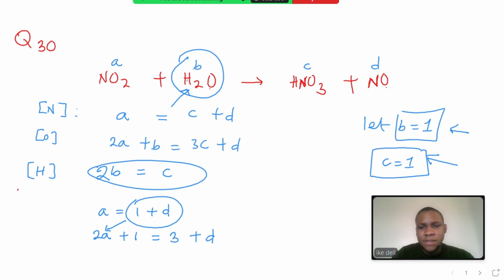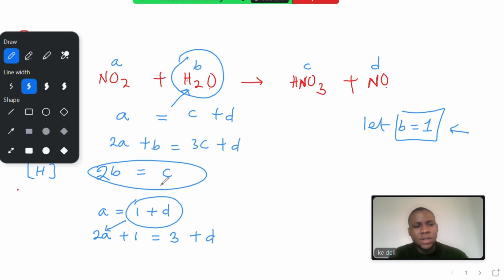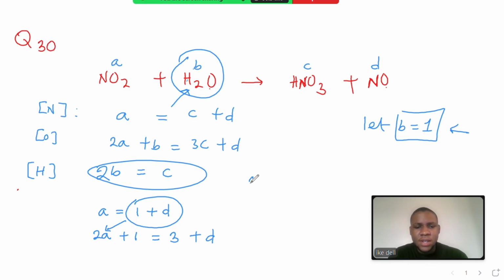So based on that, if I'm saying B is equal to 1, then I'll just need to change some things here now. If B is equal to 1, then C would be 2B. So C would be 2 times 1, which is 2, right? So C becomes 2 now. Then from here, let me just correct what I did.